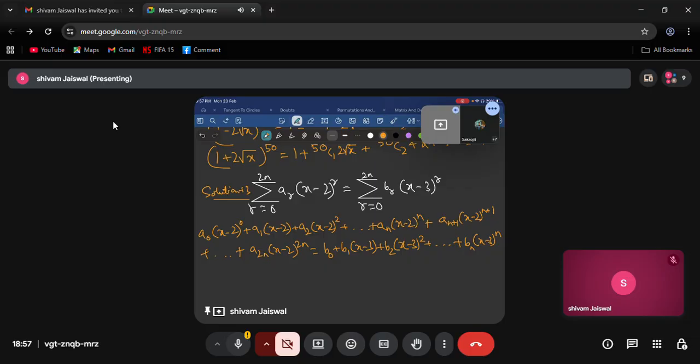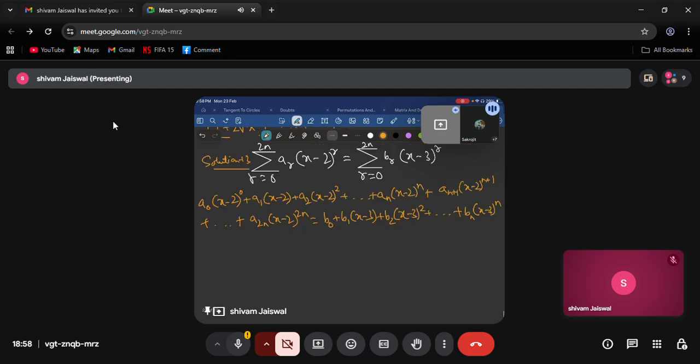What do I need? I need the coefficient. I need bn. So what I'm going to do is put x minus 3 equal to t.